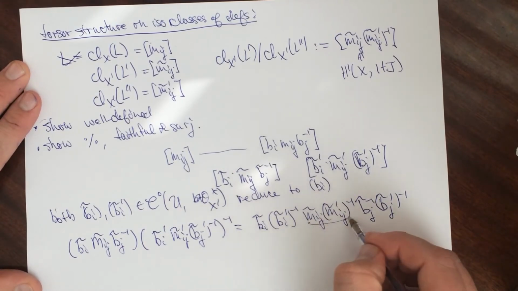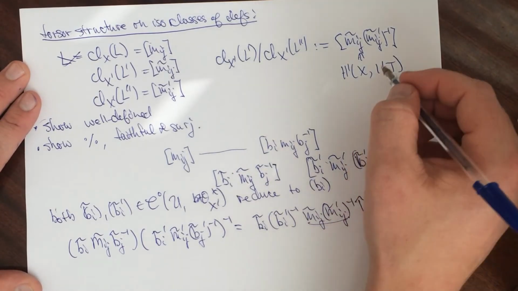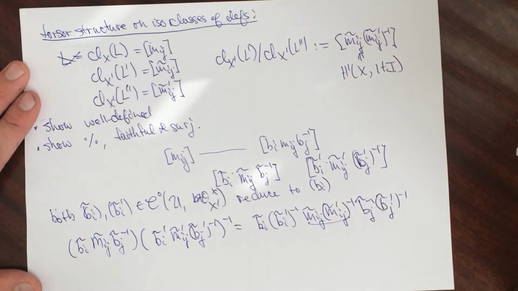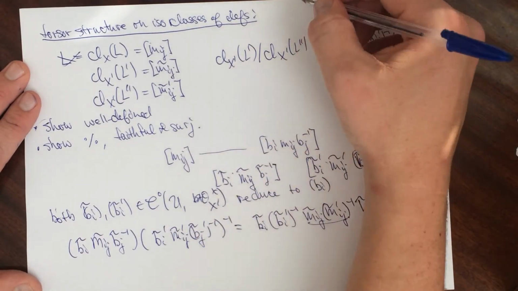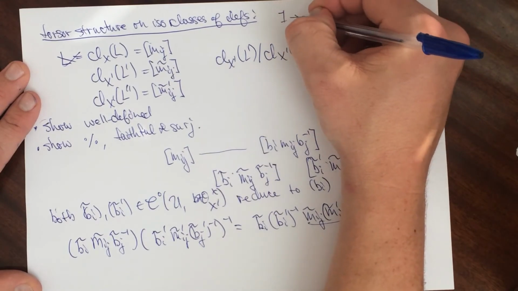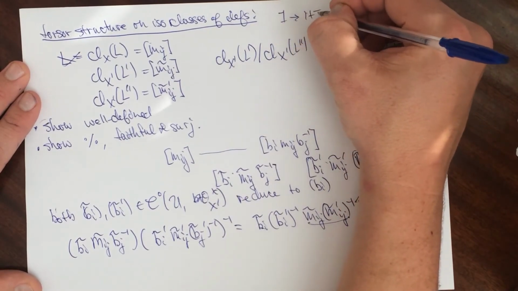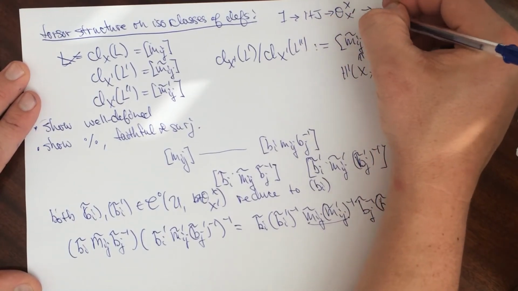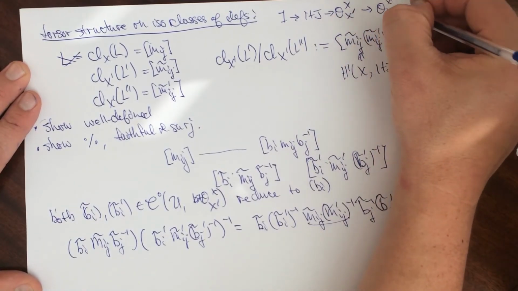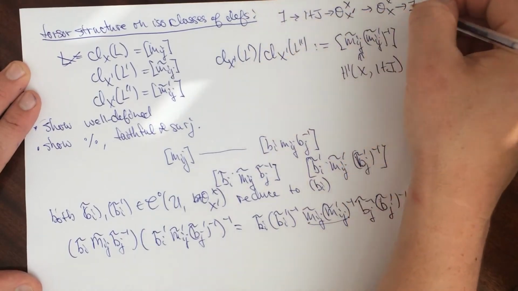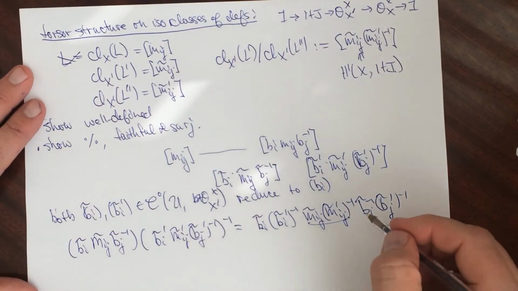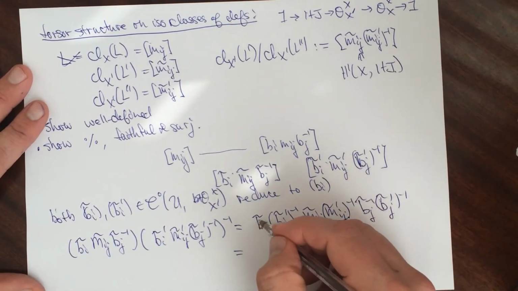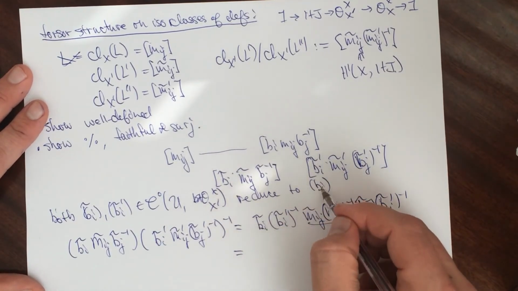So this is the original one, this cocycle in 1 plus J. Again, these things both reduce to the same thing mod J, right? And we use this exponential sequence again, 1 plus J, O of X prime times. Both of these reduce to the same thing here.